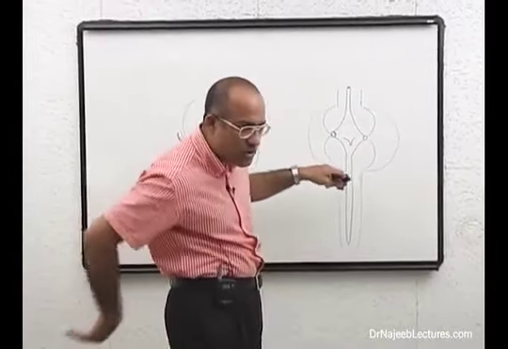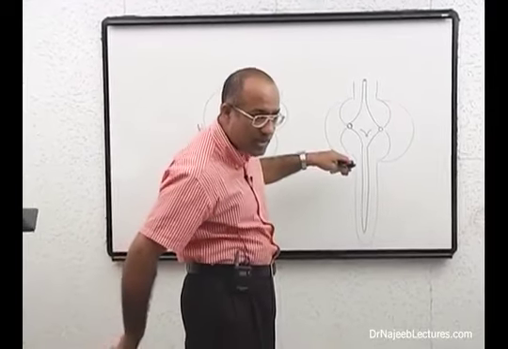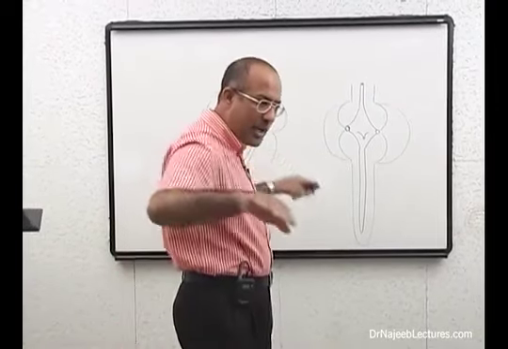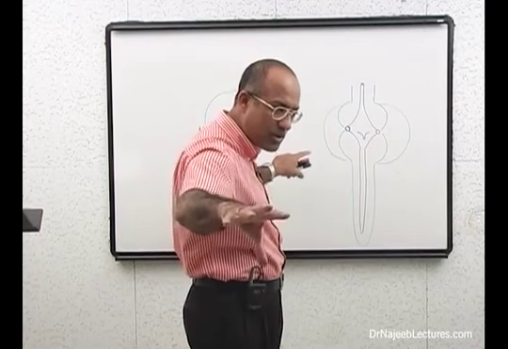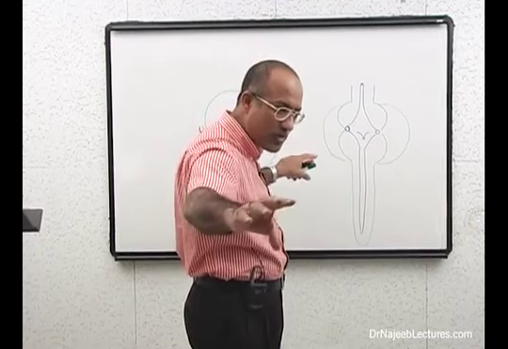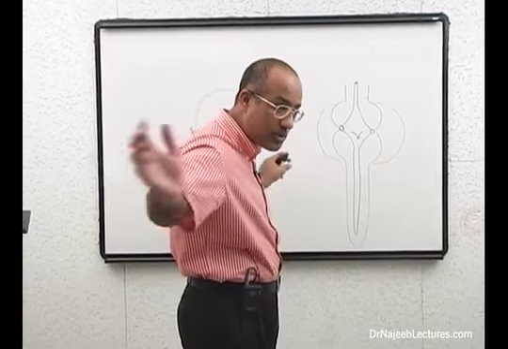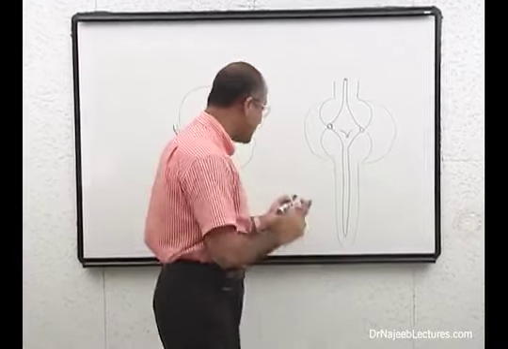Foramen Magendie is opening into the cerebello-medullary cistern. And when I'm putting my hands on the side, CSF from the foramen Luschka is going out on the lateral side into a cistern which is present between the cerebellum and pons, right?